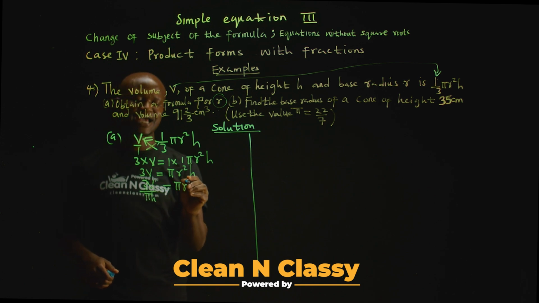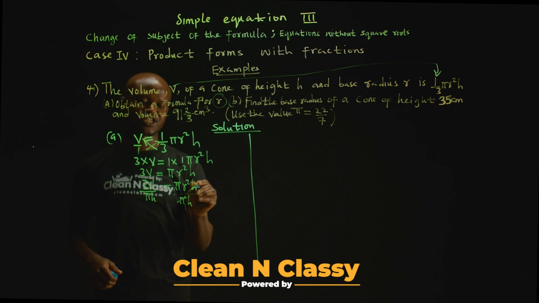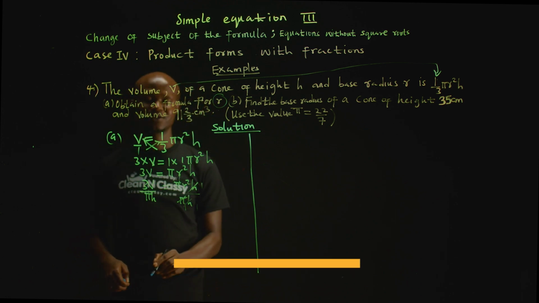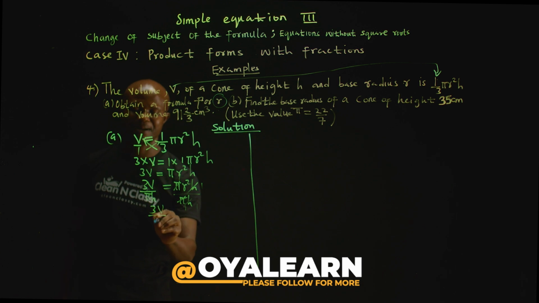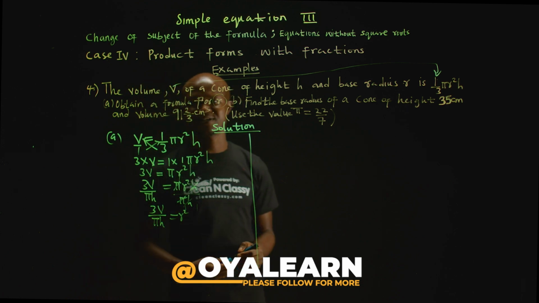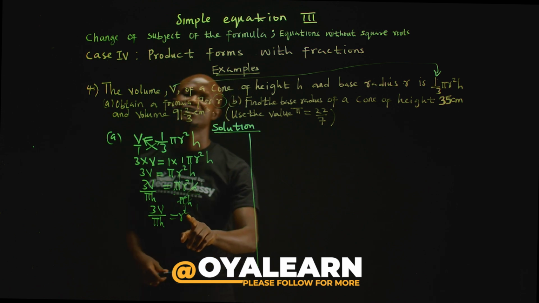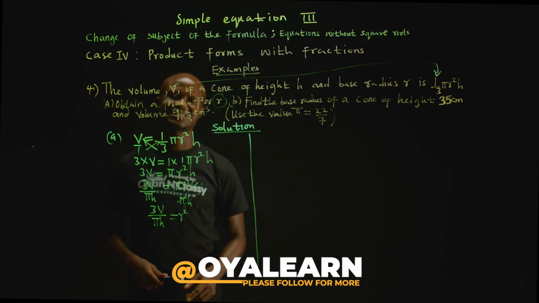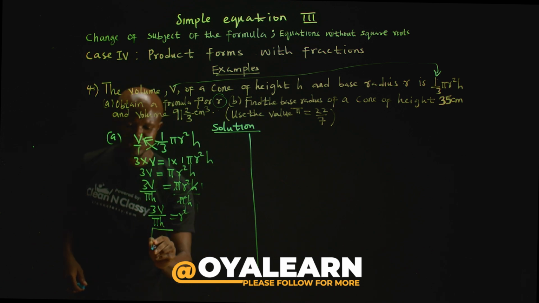Dividing both sides by pi h, pi h cancels pi h on the right side. So we now have 3V divided by pi h equals r squared. Don't forget, we want to make r the subject and not r squared. So to remove the power of r, we take the square root of both sides.